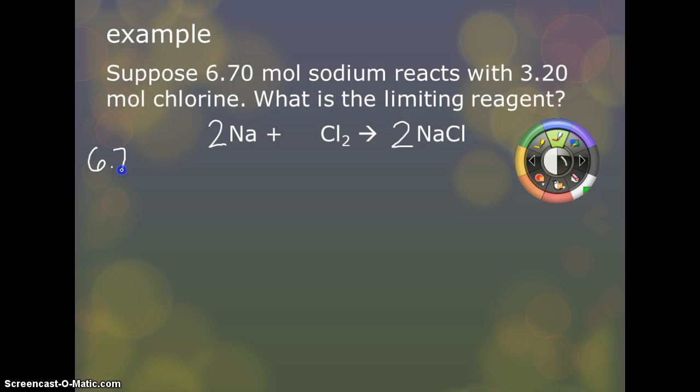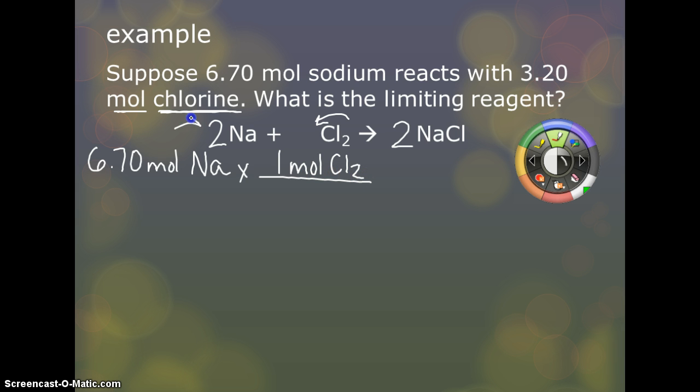So 6.70 mole of sodium is what we're going to start with. And we're going to try and get to moles of chlorine here. So since we have moles and we're going to moles, we're just going to use our mole ratio from the balanced equation. So chlorine here has a coefficient of 1, and sodium has a coefficient of 2.